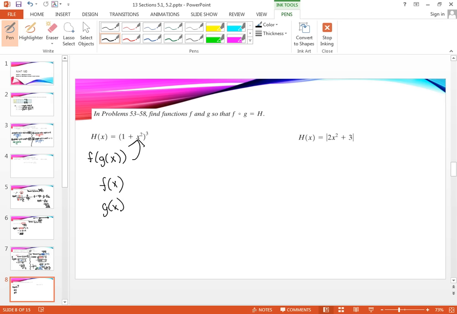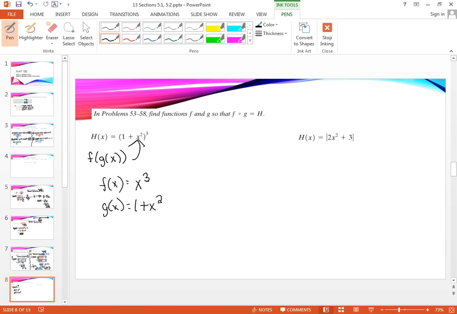So if you wanted to get h, f of g of x is supposed to give you h. So what did you plug in and what did you plug it into? Does it make sense to say that f of x is x cubed and g of x is the expression inside the parentheses? Will that work?